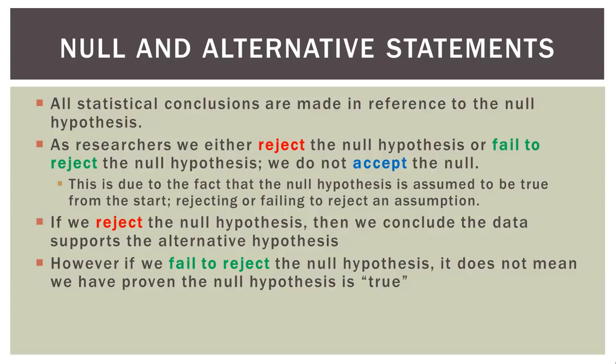Do we think that 355.4 is high enough to reject that assumption of 355? Well, I would say no. So in that case, we would say we fail to reject the null hypothesis of 355 milliliters.